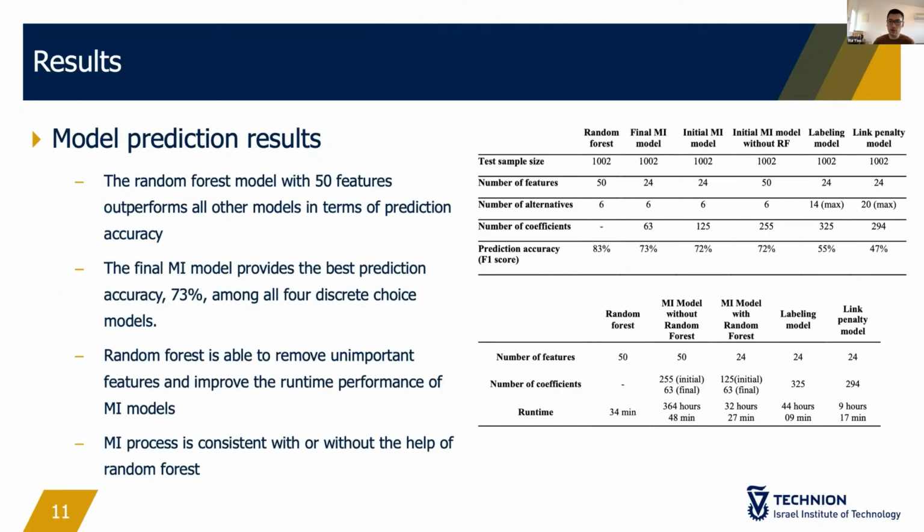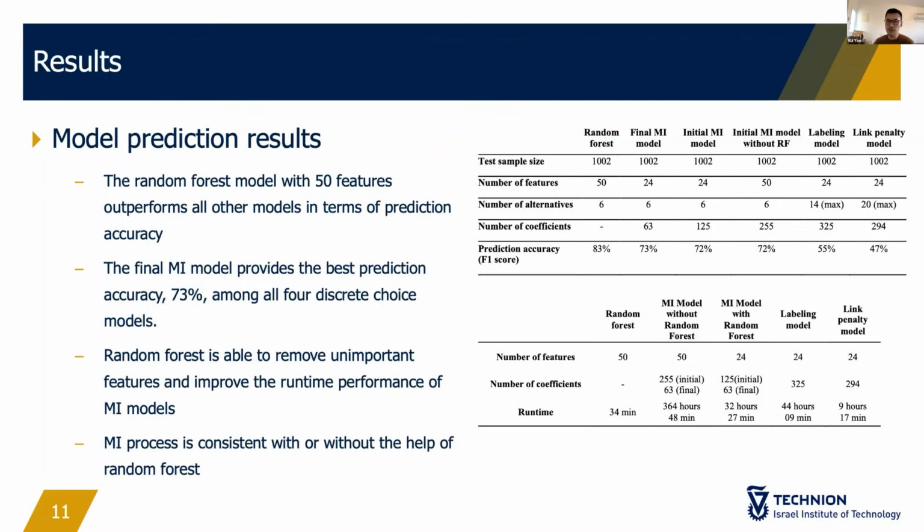We compare the prediction accuracy of the estimated MI models, traditional discrete choice models, and machine learning models in the same test subset. Among all the models, the random forest model with 50 features outperformed all other models in terms of prediction accuracy, but the final model provides the best prediction accuracy, 73%, among all the discrete choice models.